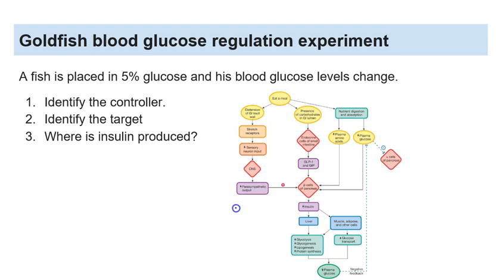Okay, and the next example: when we place the fish in 5% glucose, what happened? When we added the fish inside the 5% glucose, they started to absorb the glucose into their blood, right? It means that their blood glucose level has been increased, exactly like when we have a sweet meal.